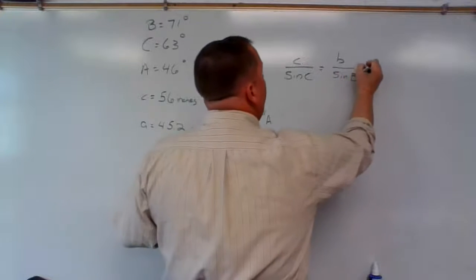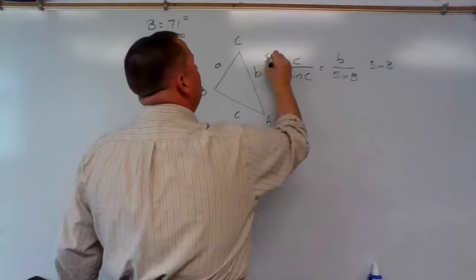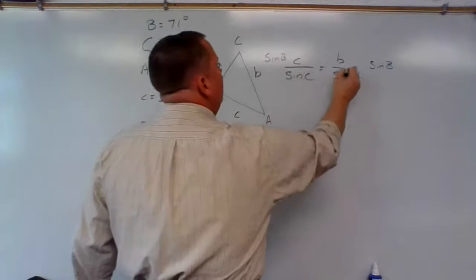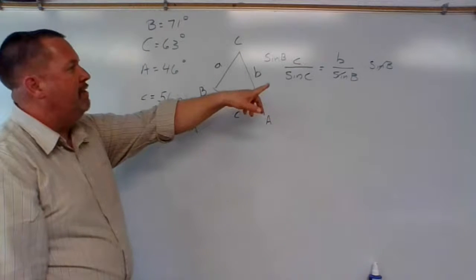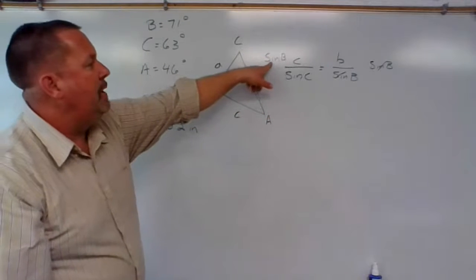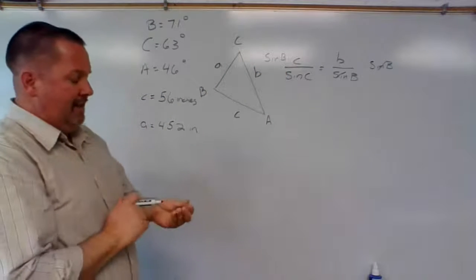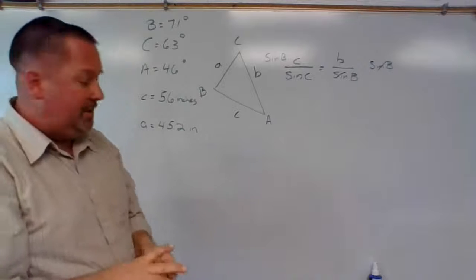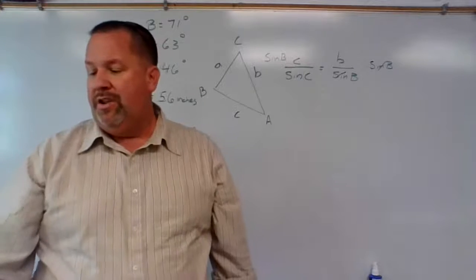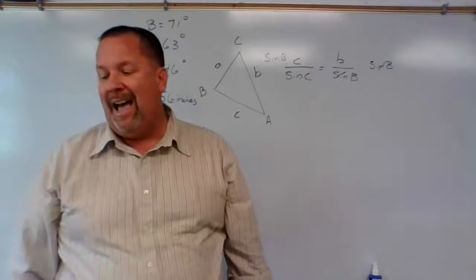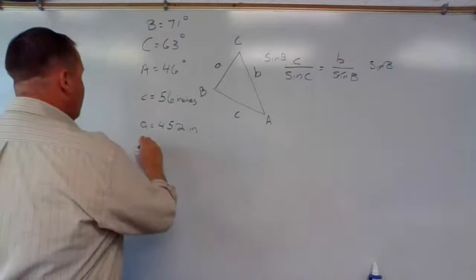If I multiply both sides by sine B, these would cancel out, and I'd have side B, the side I'm looking for, equals sine B times C over sine C. That's a pretty simple algebra step. And I'll let you guys punch in those numbers. And hopefully you come up with side B is about 59.4 inches.